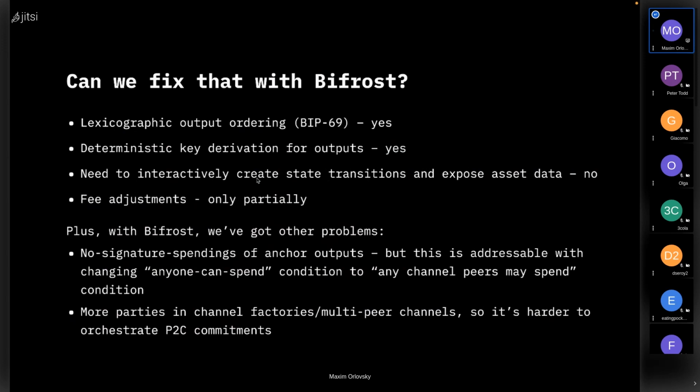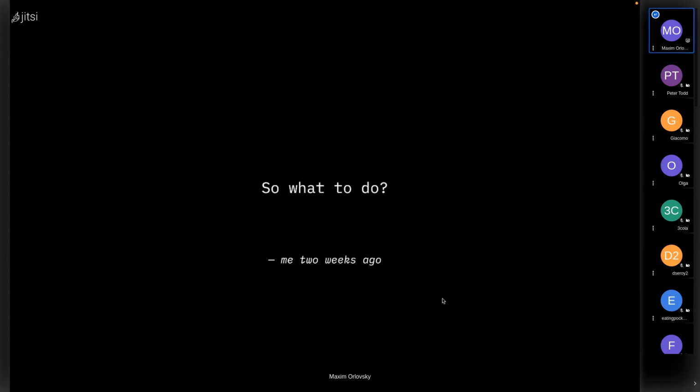So basically, you can't have a public key there, and you will have a really hard time putting commitments and tweaks into an output that doesn't contain a public key. And with Bifrost, you have even more than 2 parties, because Bifrost generalizes the concept of Lightning channels into multi-peer channels, allowing channel factories and more complex setups. And it's even harder to orchestrate pay-to-contract commitments.